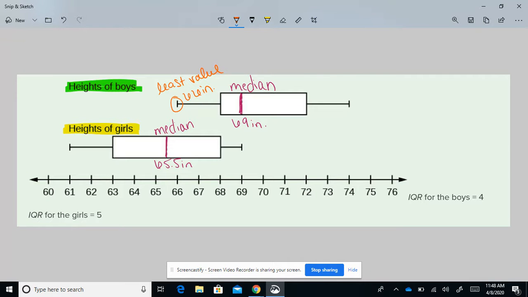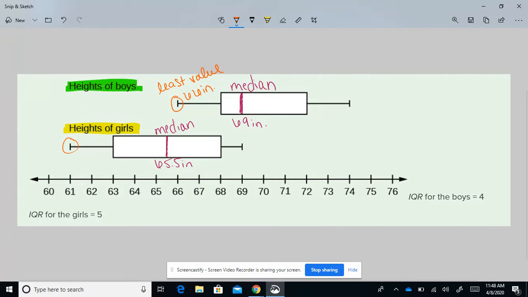That's already higher than the median height for girls, which is obviously going to change and skew our data in comparison. So boys are way taller than most girls, okay? Because if you look at the girls box plot, the least value here is 61 inches, which is 5 inches shorter than most boys. So, I mean, that's a huge jump in values there, okay?